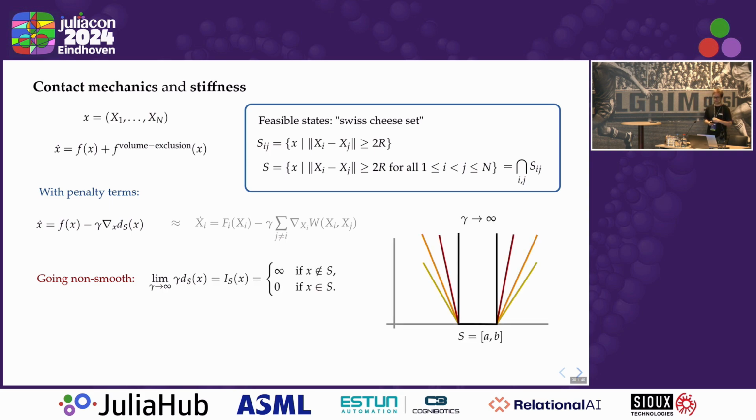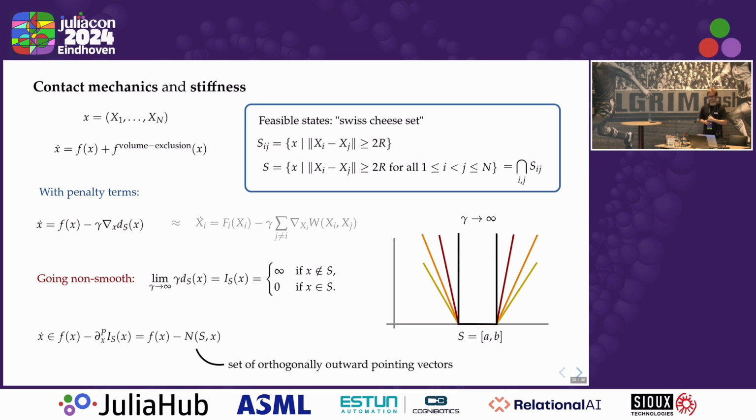Don't worry about the mathematical formulas too much. I don't have the time to explain all of this, but there's a very nice theory that, instead of pushing your agents away with some soft forces, you can make these forces infinitely stiff, and then simulate so-called non-smooth dynamical systems.